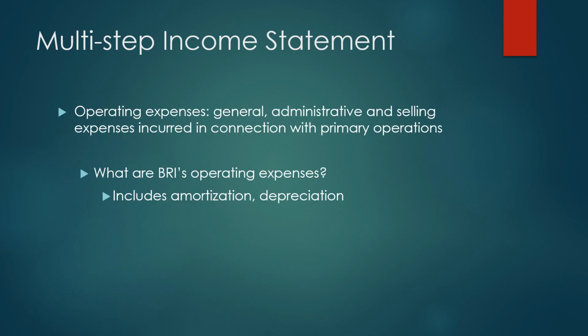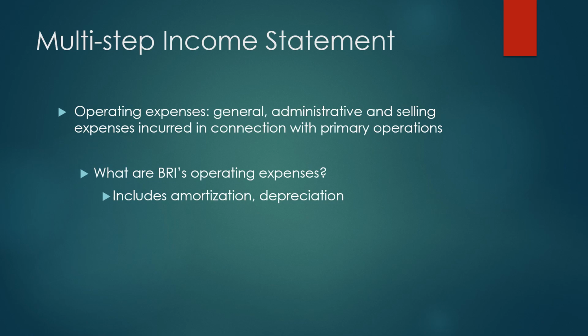So reviewing some of these amounts. First of all, operating expenses. Operating expenses are general, administrative, and selling expenses that are incurred in connection with the company's primary operations, bearing in mind that BRI is an online jewelry retailer. So the cost of the jewelry that they're selling would be recorded as cost of goods sold.